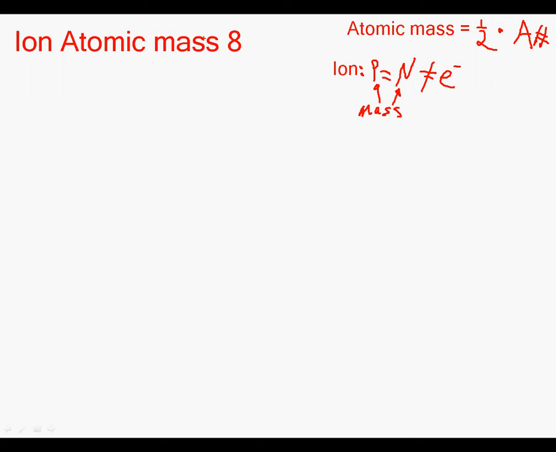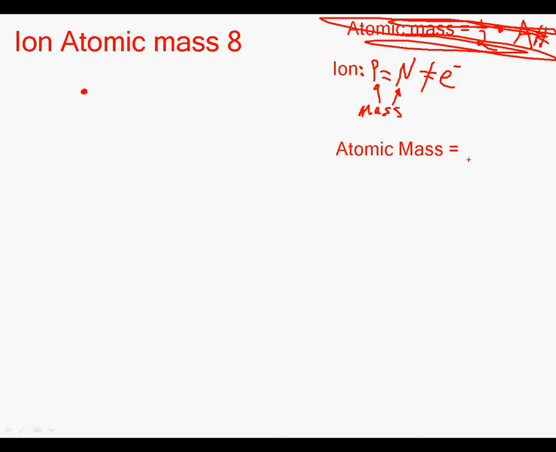So essentially, the simple way to figure this out is finding half of this atomic mass 8, because actually I should say a better way to calculate atomic mass. I think that formula is wrong, which is why I'm getting all stuttery. Really the atomic mass is equal to protons plus neutrons, and they're equal to each other.